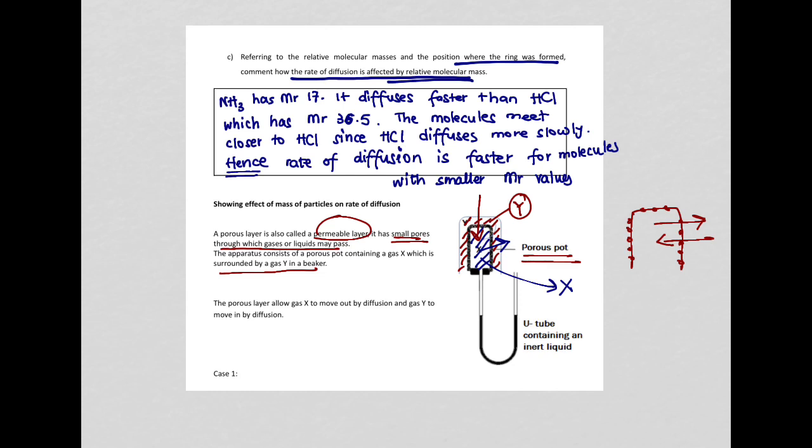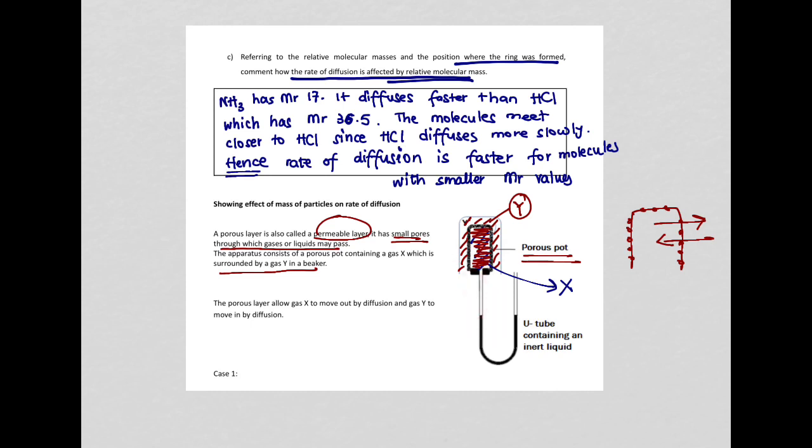Now, as the gases move, they are going to create a difference in pressure. If you have lots of gas Y getting inside the pot, the pressure inside the pot is going to increase. If pressure increases, it pushes this liquid down.